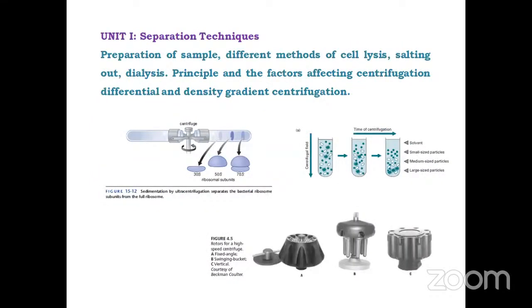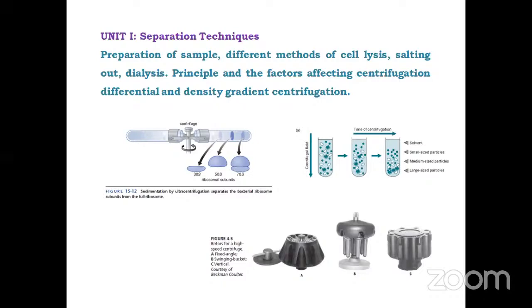So this course is divided into 4 units. First one is separation techniques, which deals with how to prepare a sample from a biological source, like it can be bacteria, plant, or animal tissues or cells. How do you lyse the cells, different ways of cell lysis, and then how do you perform salting out, that is to fractionate your extract into different classes of proteins, and then some basic idea about dialysis.